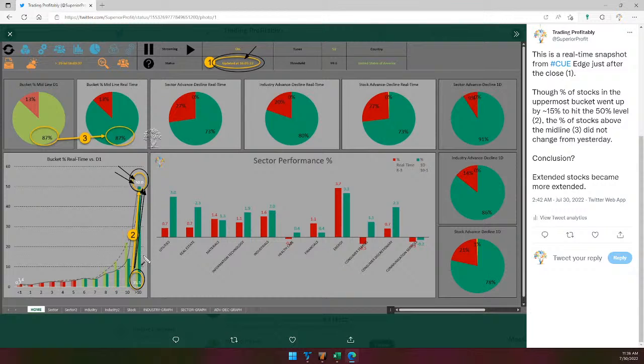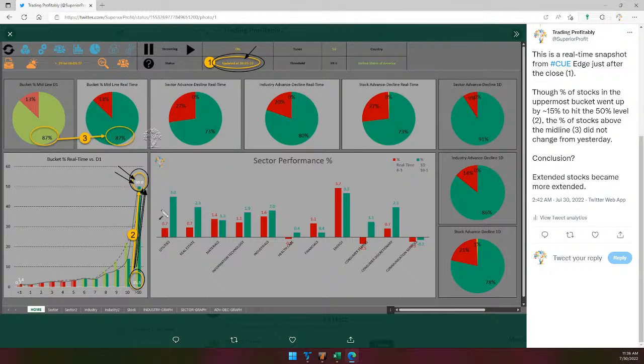So from both angles I had reasons to be cautious, and I closed all the positions that I started buying from Wednesday. Now, I'll point out a few interesting things that you could uncover from this Q analysis, not only from bucket analysis but from different angles. Notice that there was a huge jump in the percentage of stocks in the uppermost bucket.